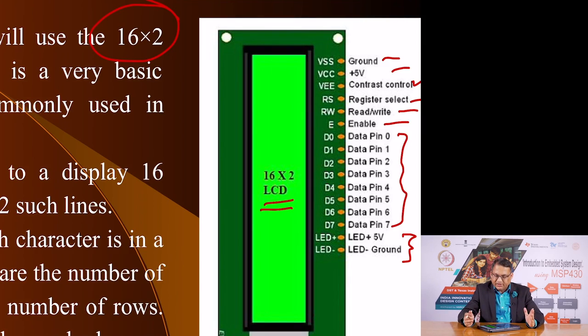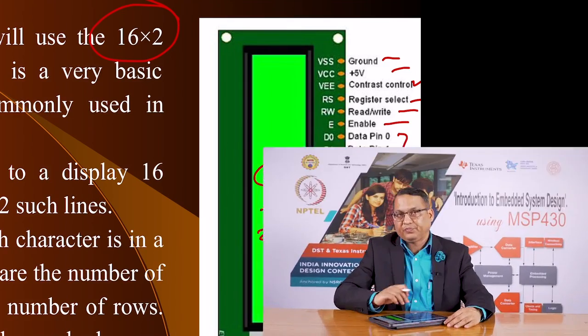Using a 16 pin interface, any microcontroller such as the MSP430 can display information in a uniform fashion. It does not matter whether you have a 16x2 LCD or a 20x4 LCD, the interface to the LCD will remain the same. That is the beauty of this Hitachi HD44780 LCD controller.